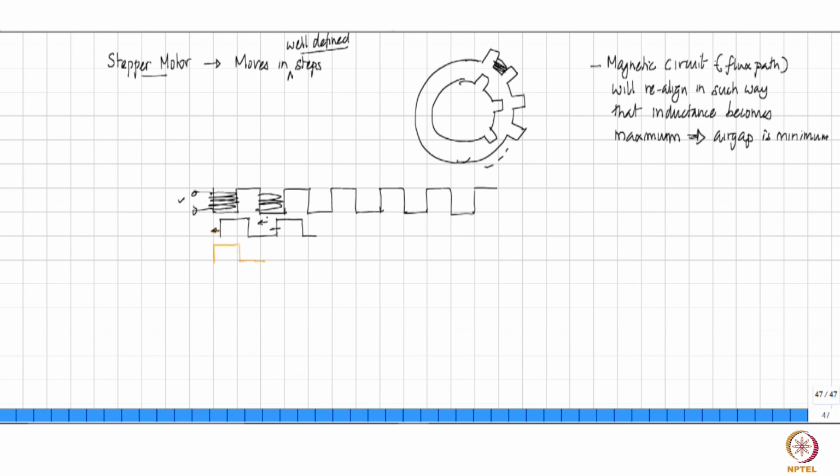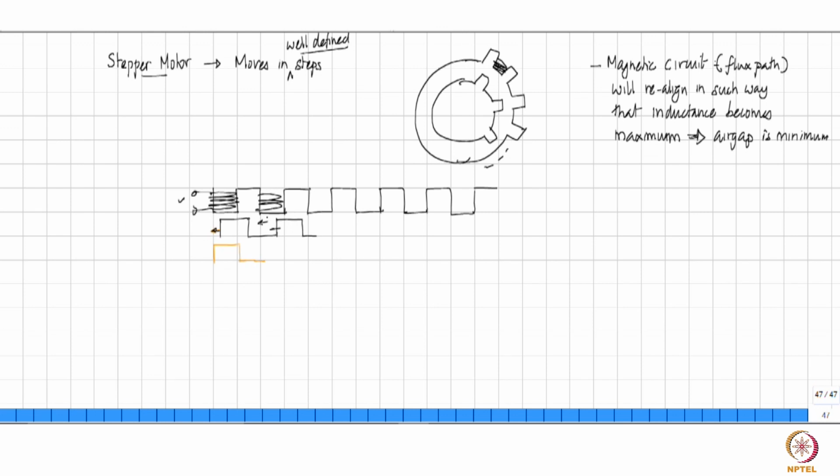So that is why this is then called a motor that moves in steps. Uneven, yes. That means the gap here and here cannot be the same. If this width is the same, this gap is the same, it will just lock, and after that you can't do anything, right?